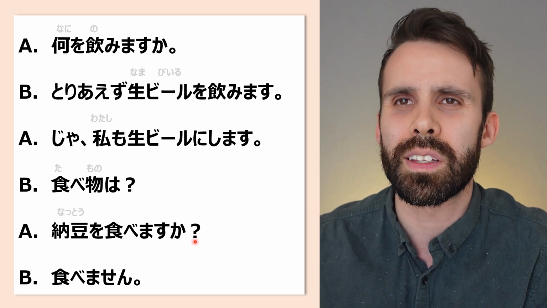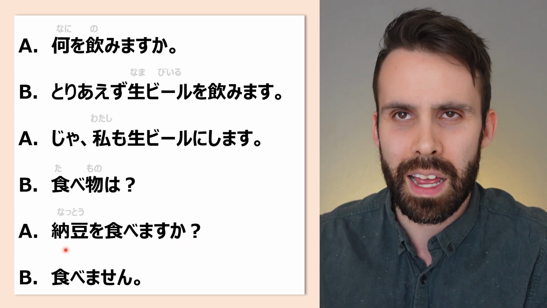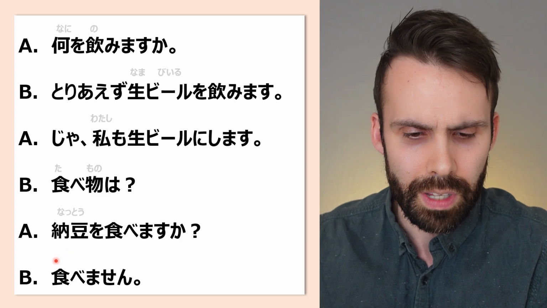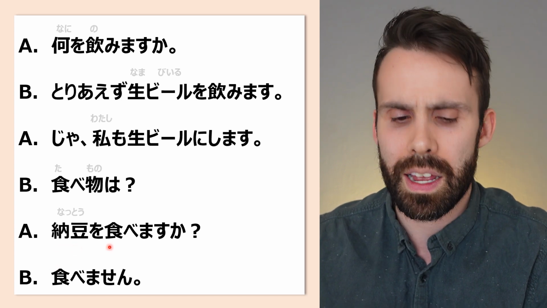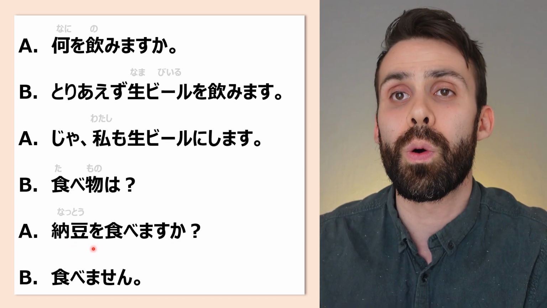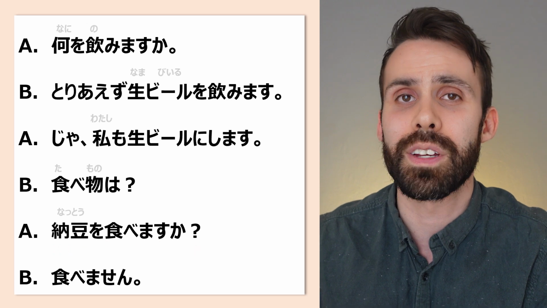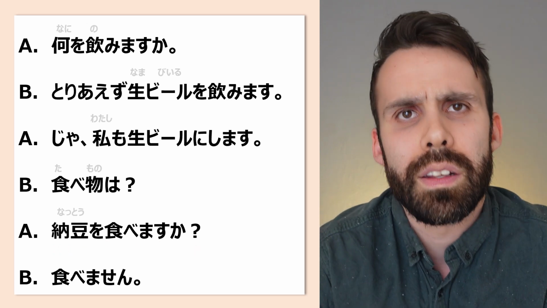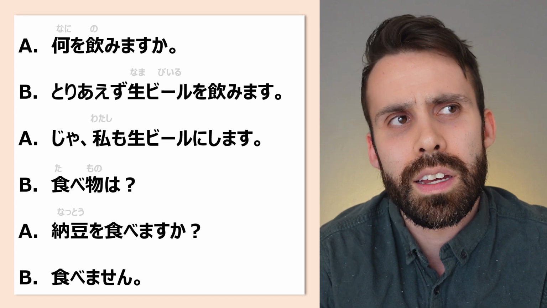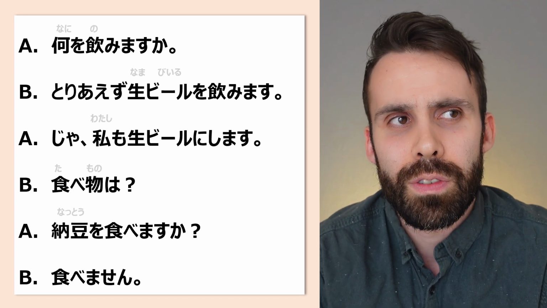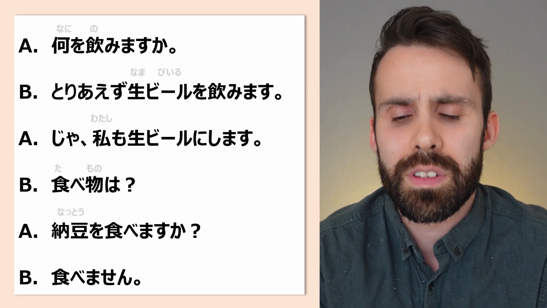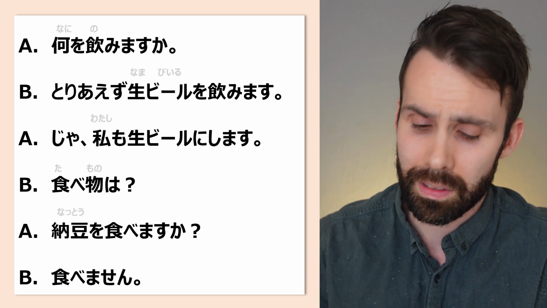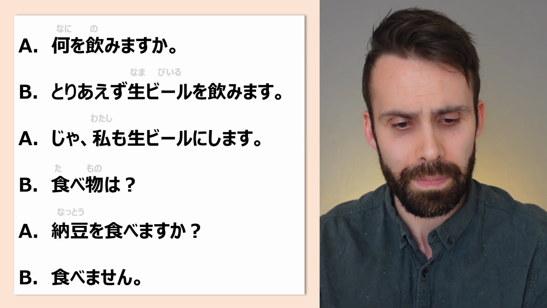This sort of fermented beans. 食べません. So 納豆を食べますか? 食べません. So do you eat 納豆? No, I don't make a habit of eating natto. I don't really eat natto, but I do recommend that you give natto a try. It's sort of an acquired taste, which I am still working on acquiring, but not in like a naughty way.